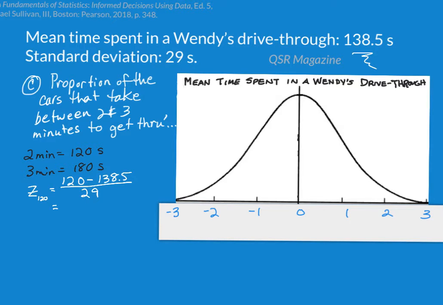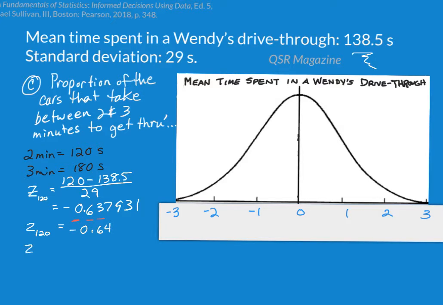And that number is negative 0.637931, but remember our chart only goes to 2 decimal places after the decimal point and the ones place before it. So our z-score will be negative 0.6, and I will have to round up to 4. That is the z-score for 120 seconds.